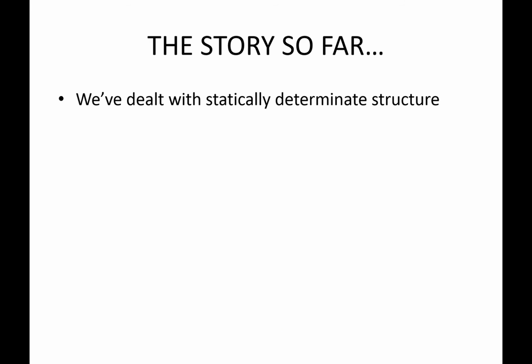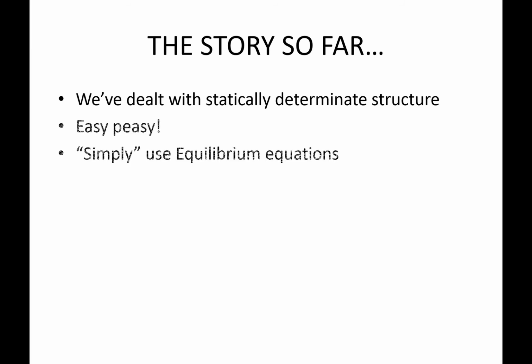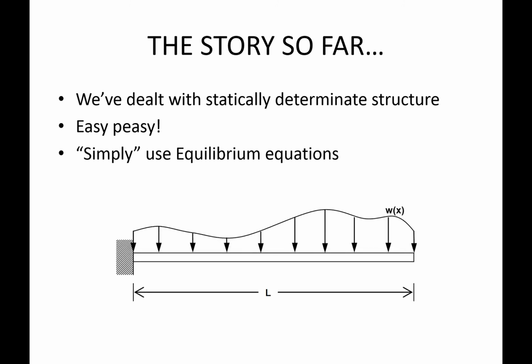So the story so far, basically, where we are at this point. So far, we've been working with statically determinate structures, and by that I mean structures that use equilibrium only. And that's easy peasy, right? Usually we just use our three equations of equilibrium and we just rock the heck out of it. So for example, for a beam like the one you see here, notice how at the very left end it has a fixed support.